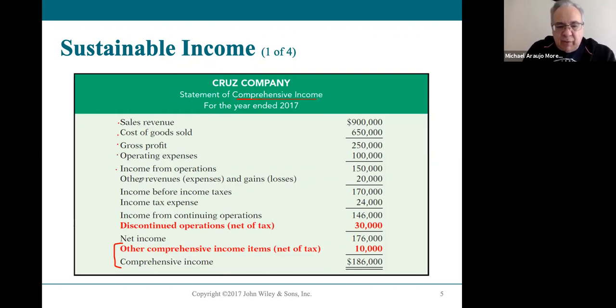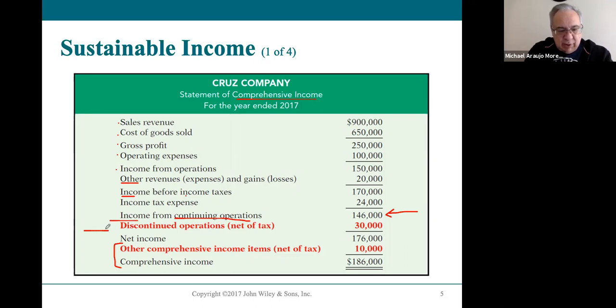Then you have that wonderful other category, right? Other revenues or expenses, other gains or losses. Gives you the profit before you pay income tax. You put an income tax expense in, and here's your profit from your continuing operations. So from the regular business itself, what you're going to continue to do is simply profitable, 146,000 here. However, as you notice, there's been a distortion.